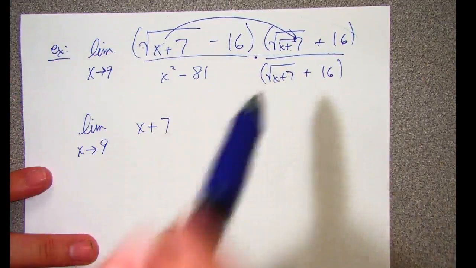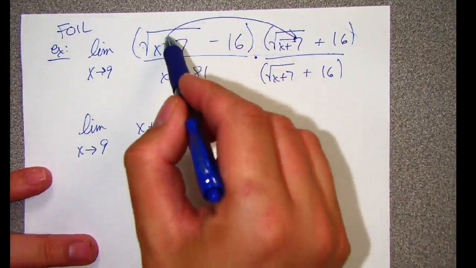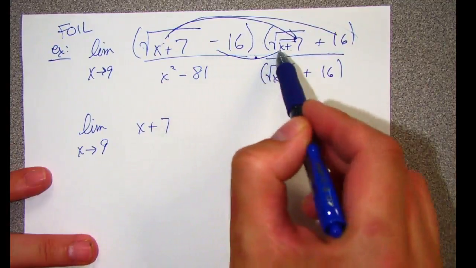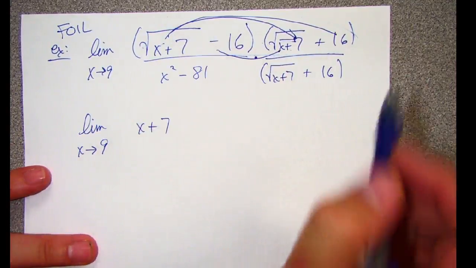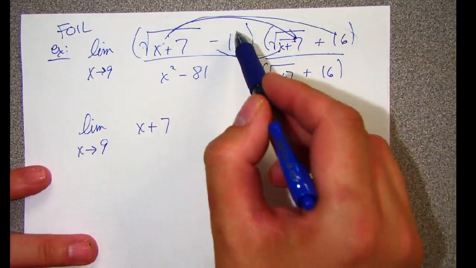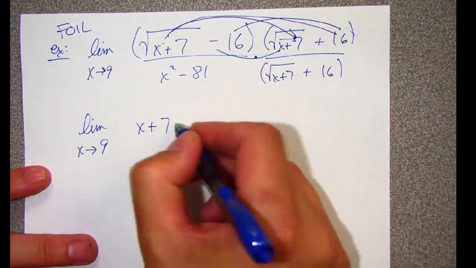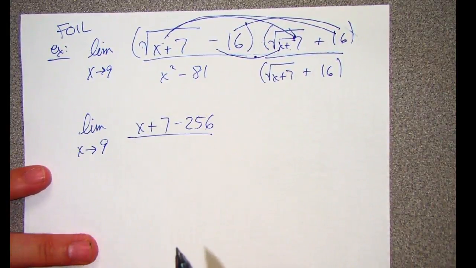Your outside and your inside in the FOIL are going to cancel. Your outside would be positive 4 times root x plus 7. Your inside would be negative 4 times root x plus 7. So they just go away. Your last would be negative 4 times positive 4.